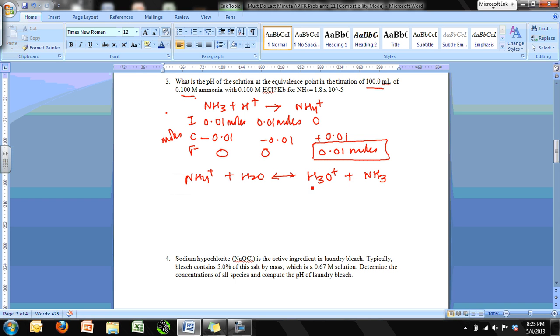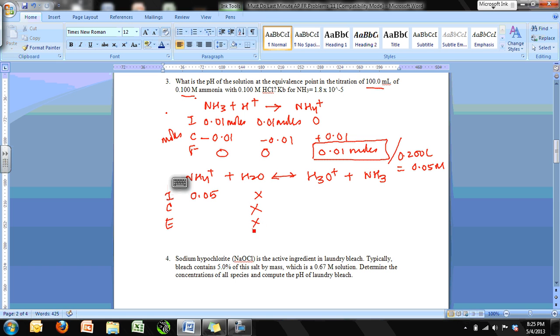And because it's decreasing the pH or making the solution acidic, we will write a Ka expression eventually for this, and we'll write an ICE chart. But before we can, we have to change the moles to molarity, and the total volume is 0.200 liters. So the molarity here comes out to be 0.05 molarity.